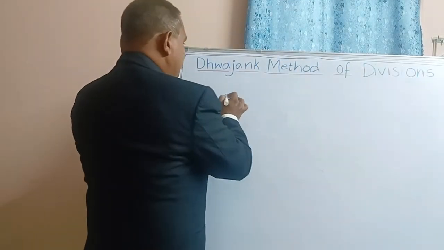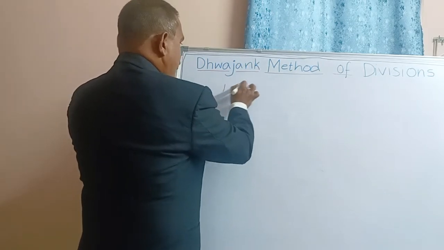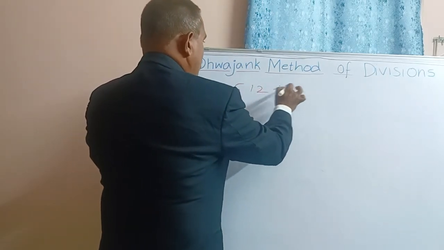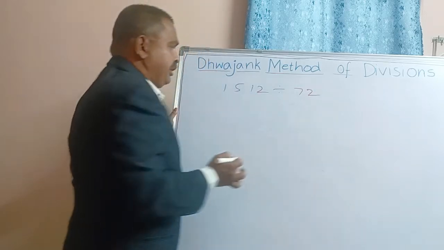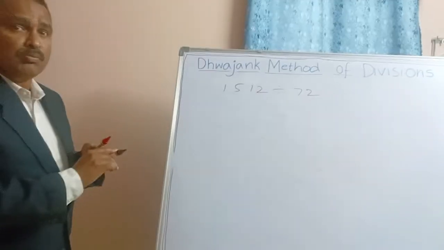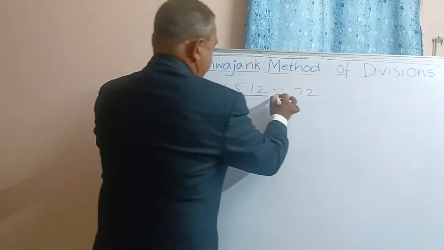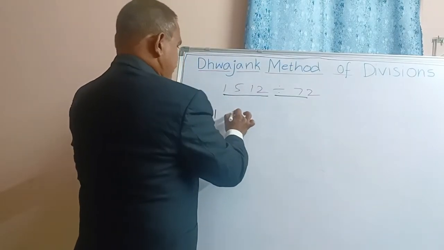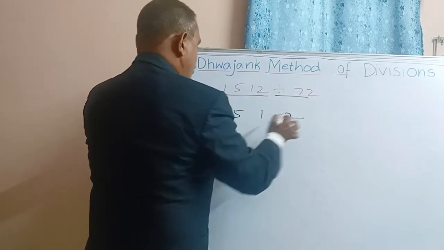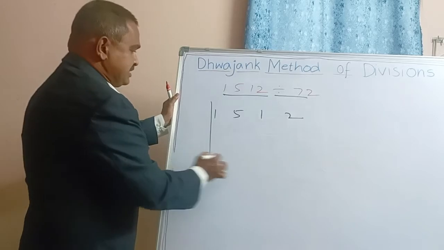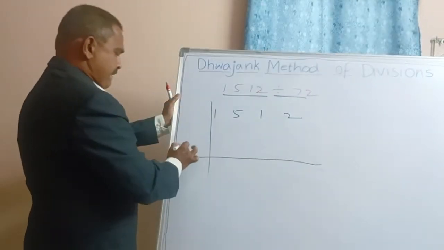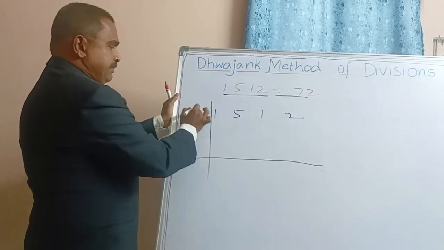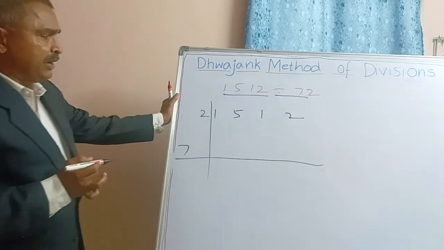Next example. 1512 divided by 72. Now, 1512 divided by 72. 7 is the base number. 2 is the flag number.